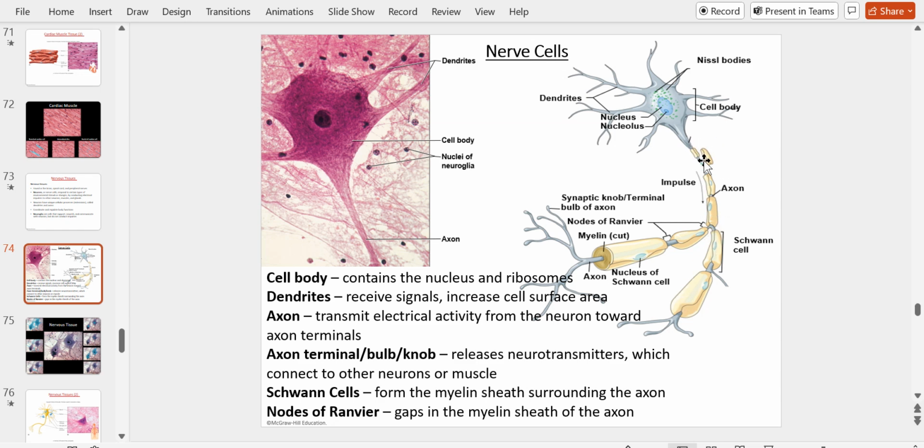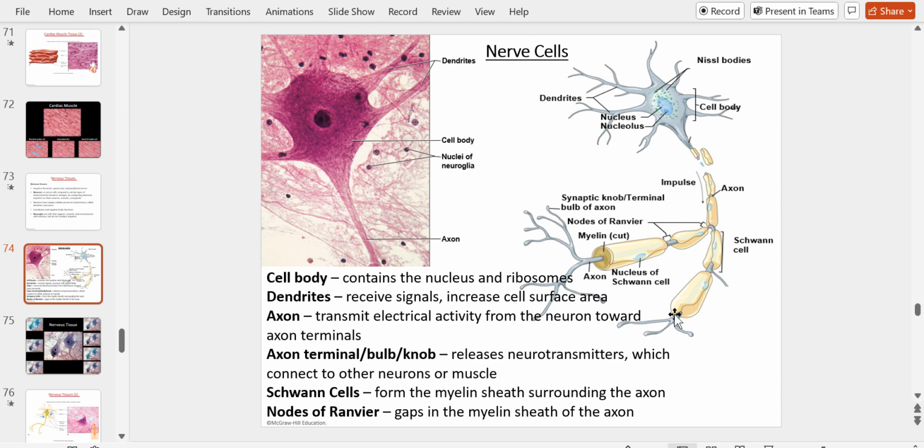The message just doesn't fly down, the message jumps. And you'll see these little nodes of Ranvier here. That's where the impulse jumps. So things to note: cell body, dendrites, there's your axon, axon terminal, axon bulb, axon knobs.